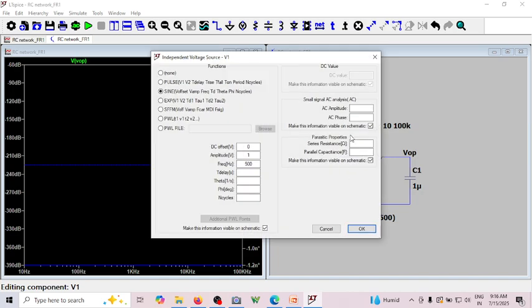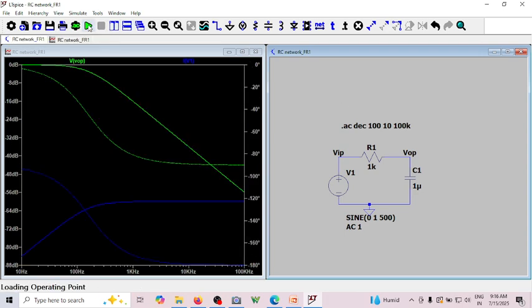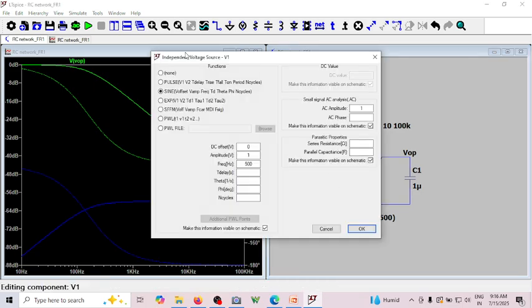Suppose I come down here and make the AC amplitude as 1, so you can just run now. Even with this sine as 500, that will be overwritten by this, so that is not considered here. Most importantly, you have to choose an AC amplitude of 1, and it's better that you have the other one as none.